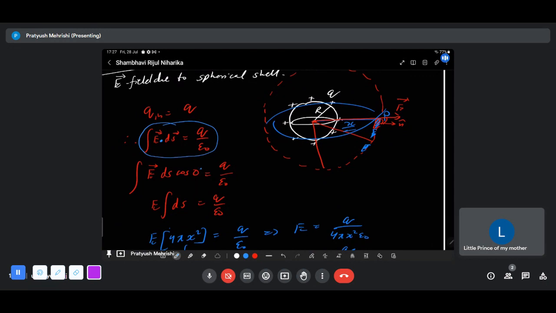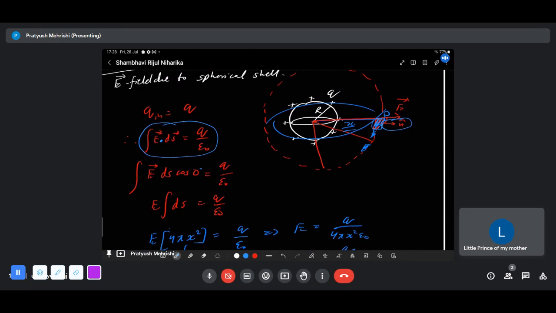Because the area vector is parallel. See this n cap; this n cap is the area vector of the enclosed surface. The area vector and electric field are both in the same direction. Please remember that this is the area vector, not simply area.